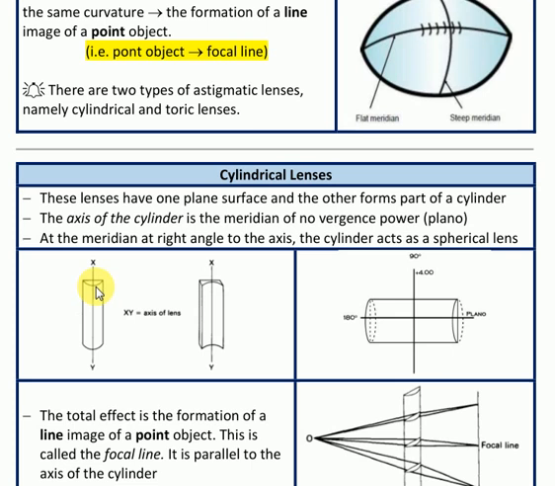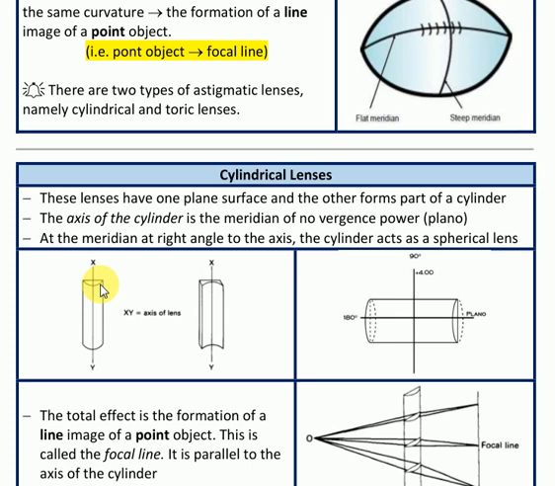Thus, in one meridian the lens has no power, and this is called the axis of cylinder. In the meridian at right angle to the axis, the cylinder acts as a spherical lens.